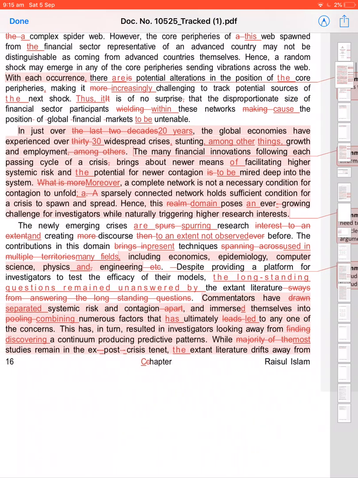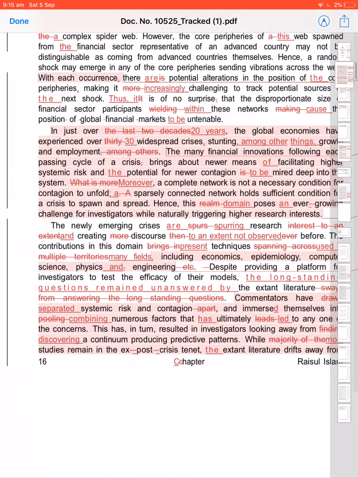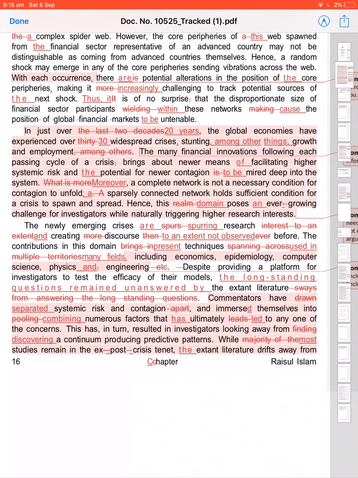Among other things, please provide a reference. Newer means of facilitating higher systemic risk, and the potential for contagion is mired deep.